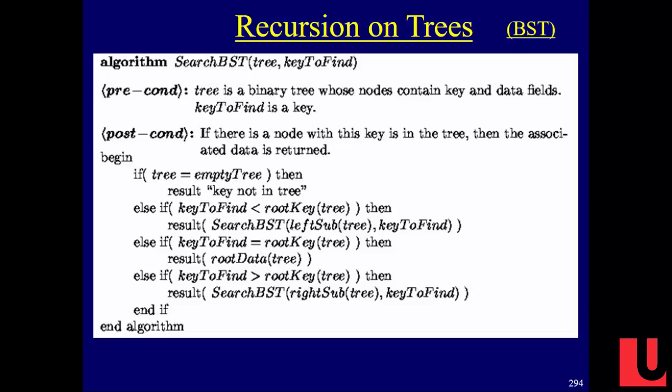I never actually care or notice whether the key was there or not. The friend might be saying it wasn't there. The friend might be returning the data. Whatever my friend says, I return the answer. And similarly, if it's on the right. And if the key is the root, then I return the data at the root.